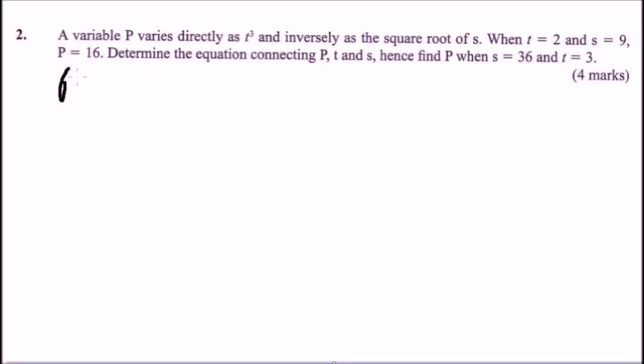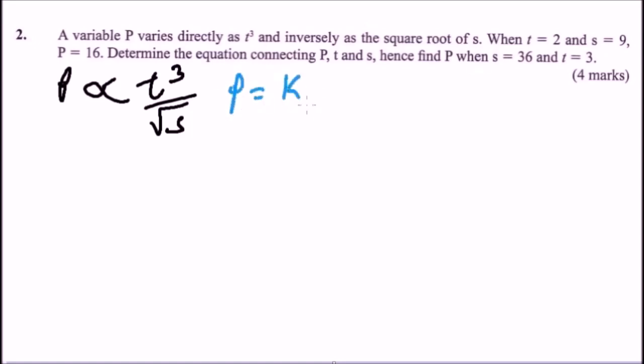So we are told p is directly proportional to t cubed, and inversely proportional to the square root of s. Once we have that, we can write the equation connecting p and t and s. So our p is equal to k t cubed divided by the square root of s.